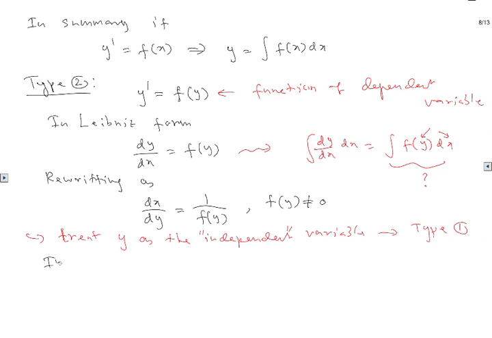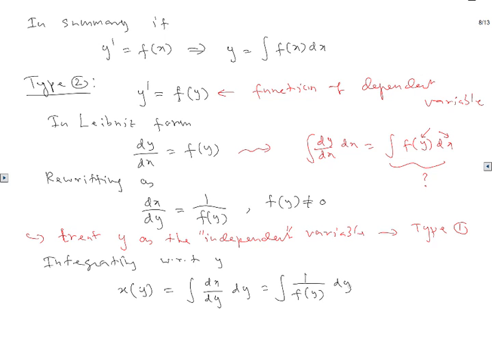Integrating with respect to y, what are you going to get? You get x, which is a function of y, equal to the integral of dx over dy, which is exactly the same thing, and this equals the integral of the other side, 1 over fy dy.